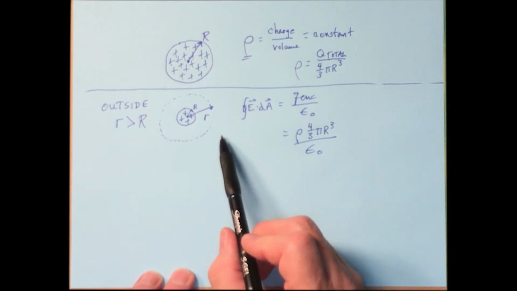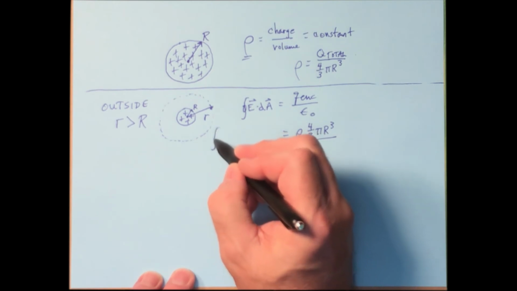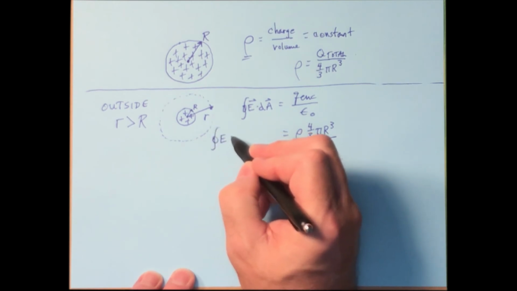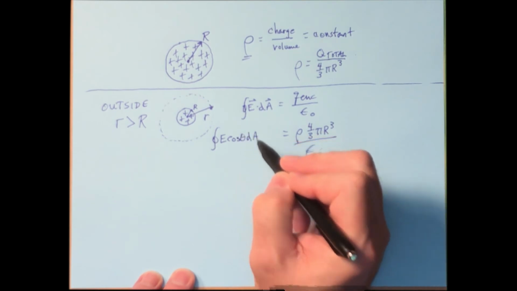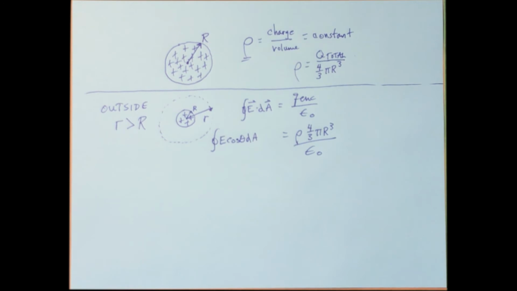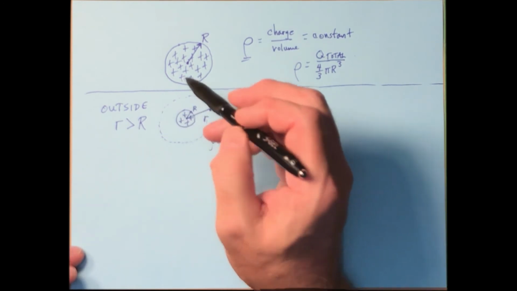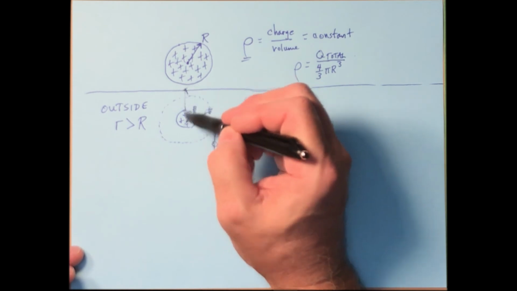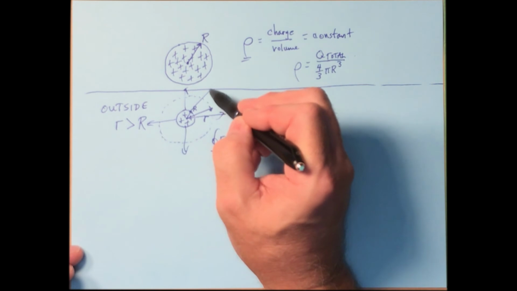Then on the left-hand portion, this is still a closed integral. Let's break apart the dot product and call it E cosine theta dA. Now we'll ask ourselves the same questions that we've done previously. The electric field lines from this central region are going to point radially away. Any non-radial components are going to cancel.